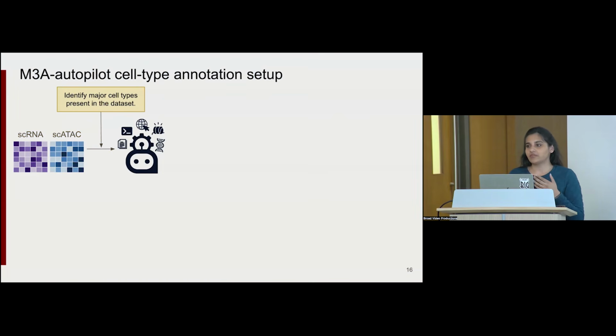I can just point it to the data object that's present, but we deliberately do not make the task prescriptive. I do not tell the agent you have to do steps A, B, C, D to actually do the task, because we want to see what agents are able to do on their own, and when they do it on their own, how matched is it to the standard way in which we do things.